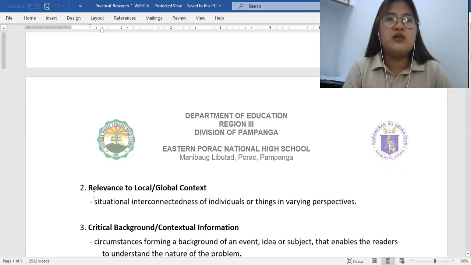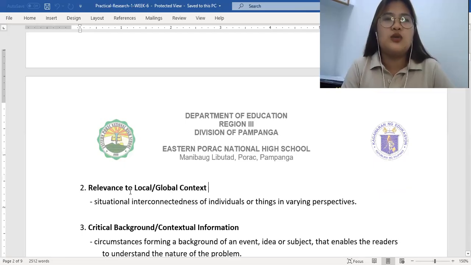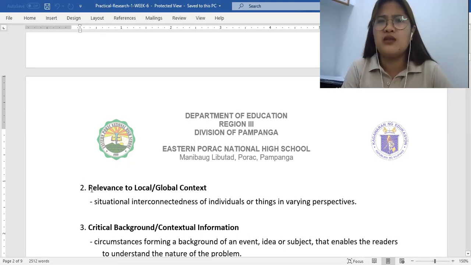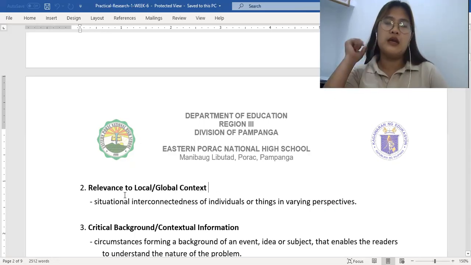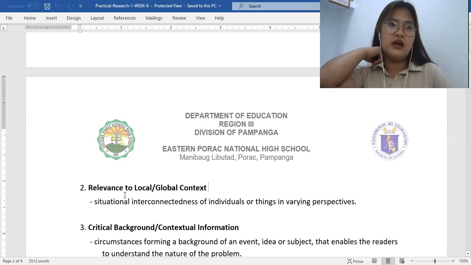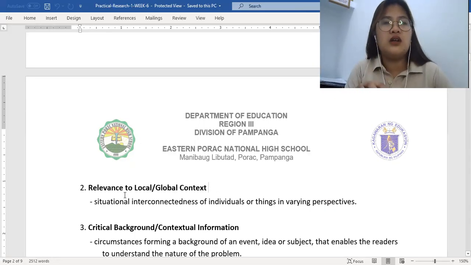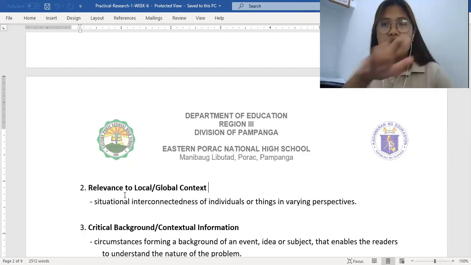So, relevance to the local or global context. So, the situational interconnectedness of individuals or things in varying perspectives. Gaano ba ka-importante to sa local community mo? Or if not the local community, even the global context. Let's say for example, on what we're doing, the suggested topic, kunwari, local context, malalaman ng mga tao sa community mo kung gaano sila ka-stressed.